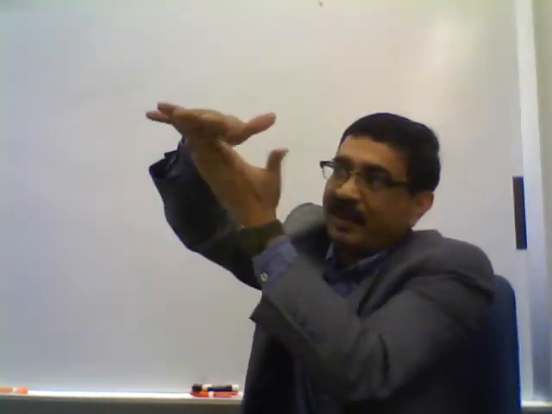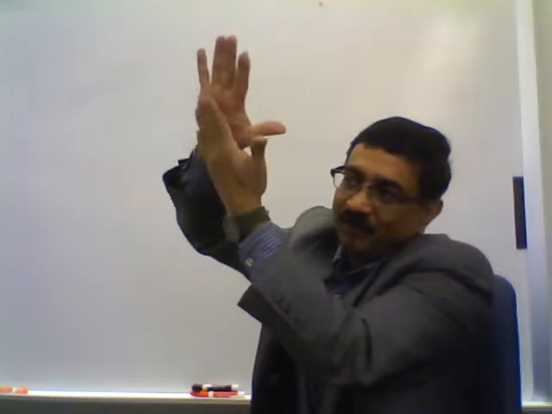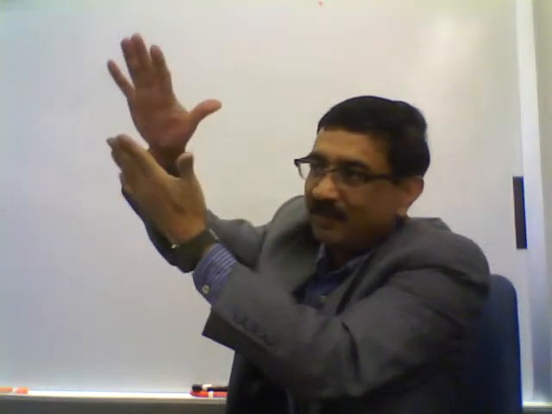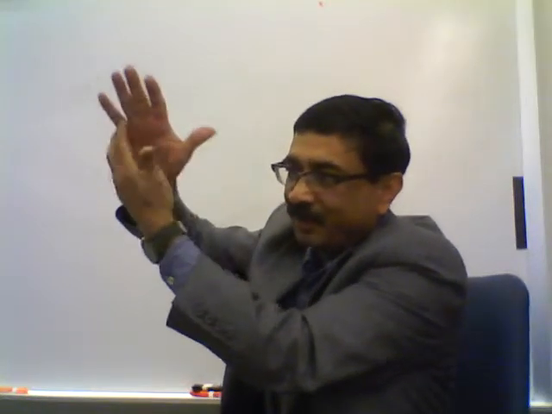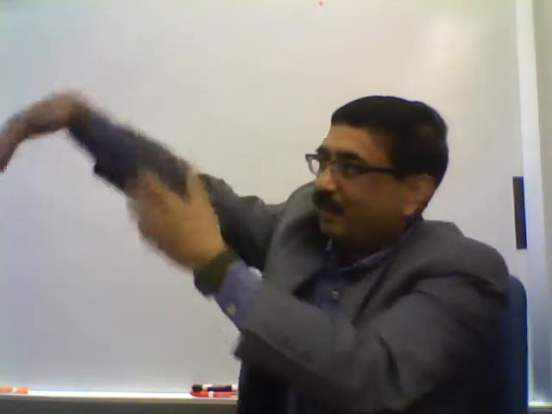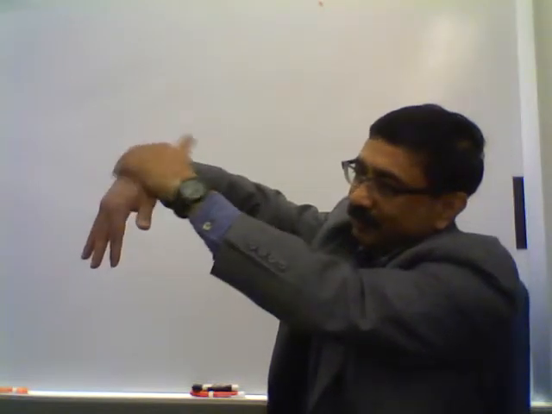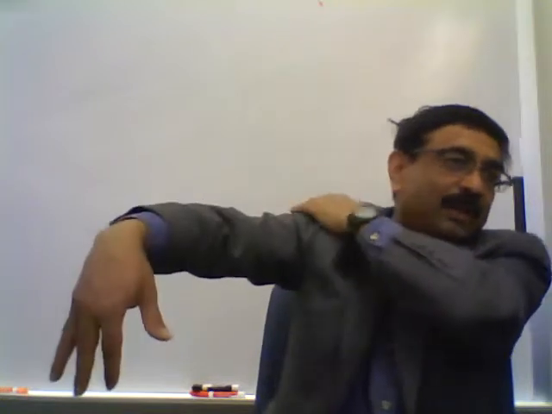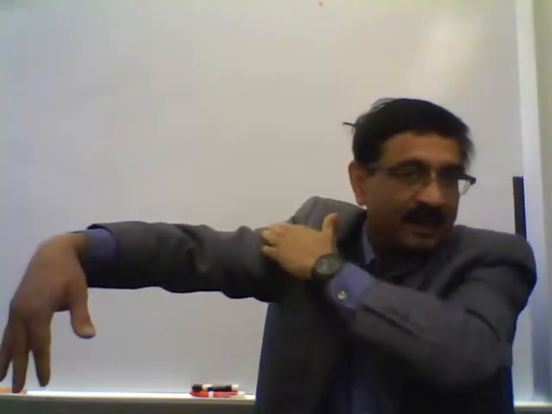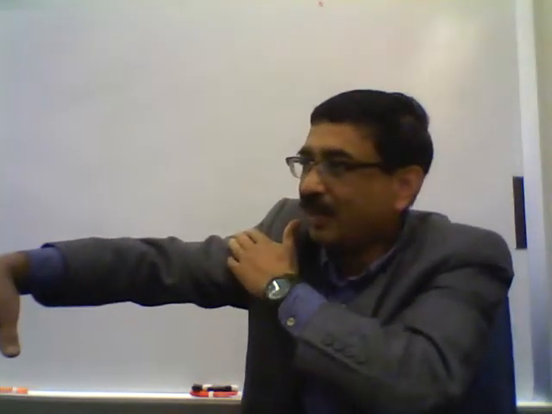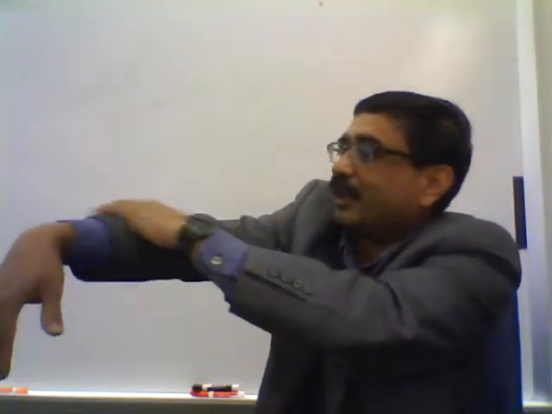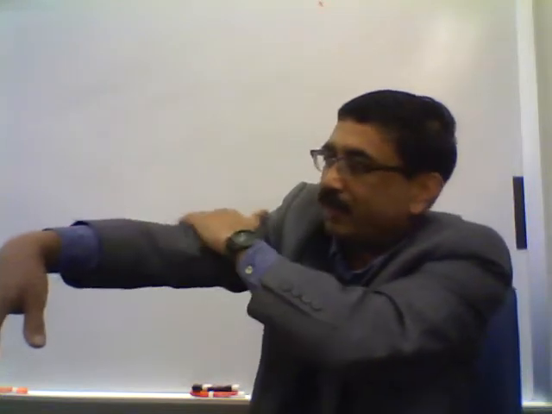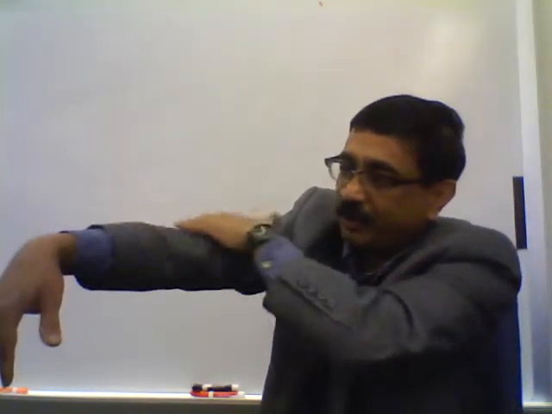And the fimbriae are attached to my palm. This is called what? Infundibulum, where the fimbriae are attached. And then the turning point is the ampulla. And the part attached to the uterus is the isthmus. And the rest is the main part, also called the body of the uterine tube or fallopian tube.